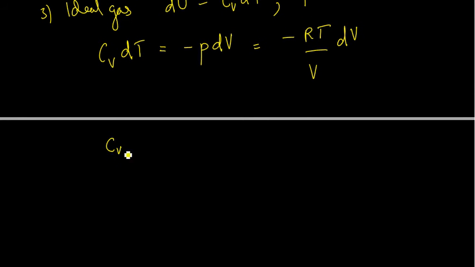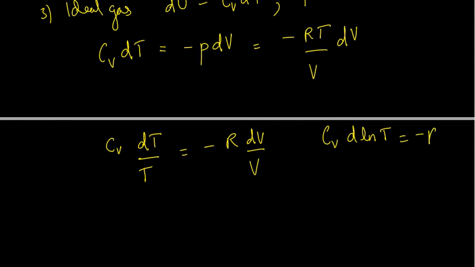So Cv dt by T is equal to minus R dV by V, which I can always write as Cv d log T is equal to minus R d log V. And then I'm going from T1 to T2 and the volume is going from V1 to V2.